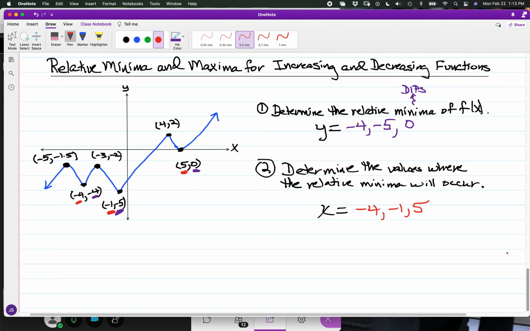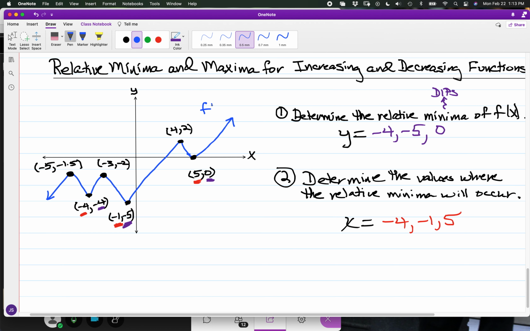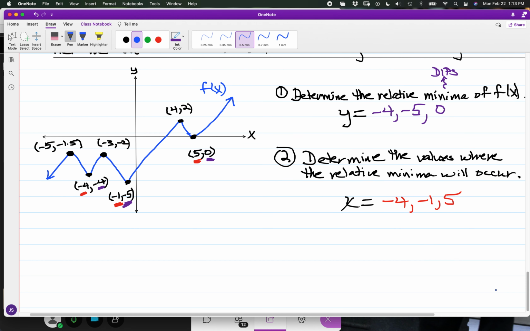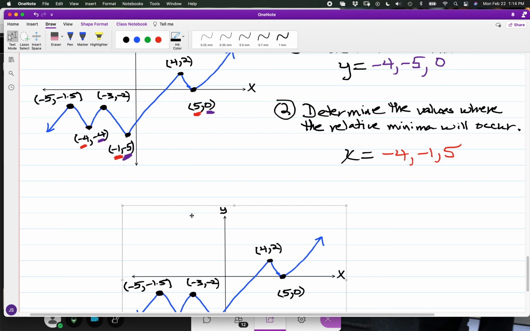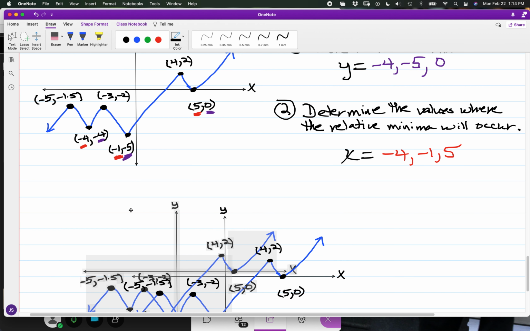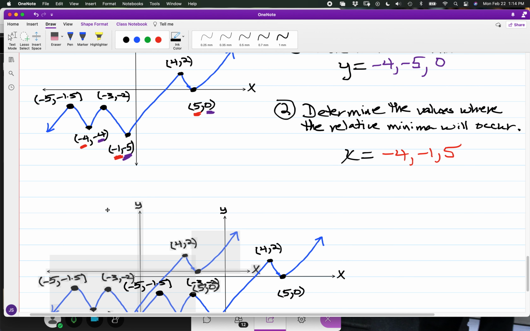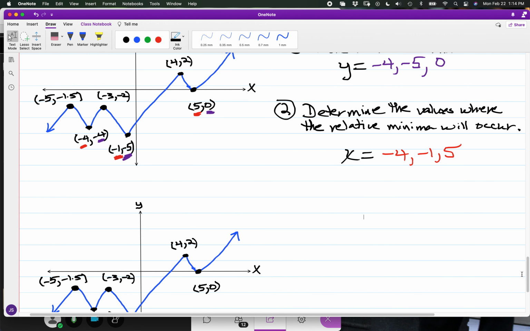Now, let's say that for this same function f of x, I'm just going to look at the peak points, that is the maxima.